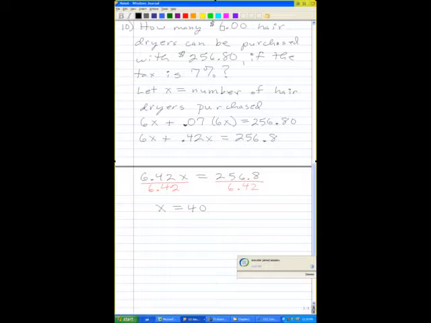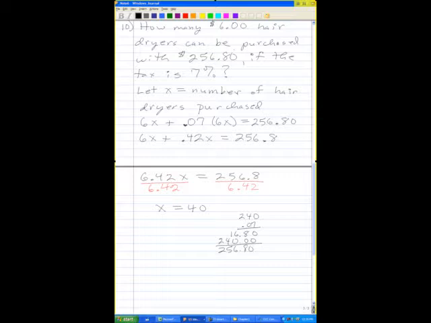So 7% of $240: you do 0.07 times 240, which gives $16.80. $16.80 plus the $240 gives you $256.80.